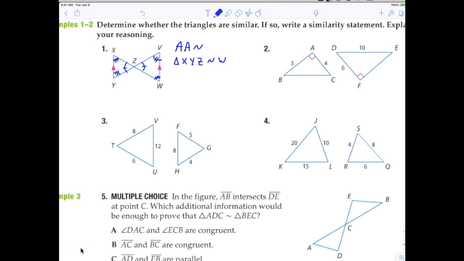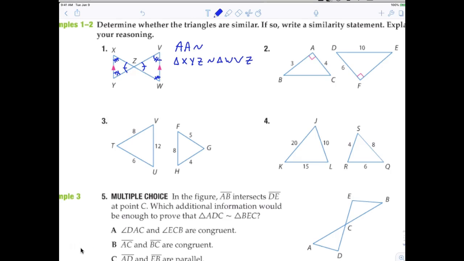W, and Y corresponds to, I'm sorry, Y corresponds to V, and Z corresponds to what? Z. So triangle XYZ is similar to triangle WVZ.